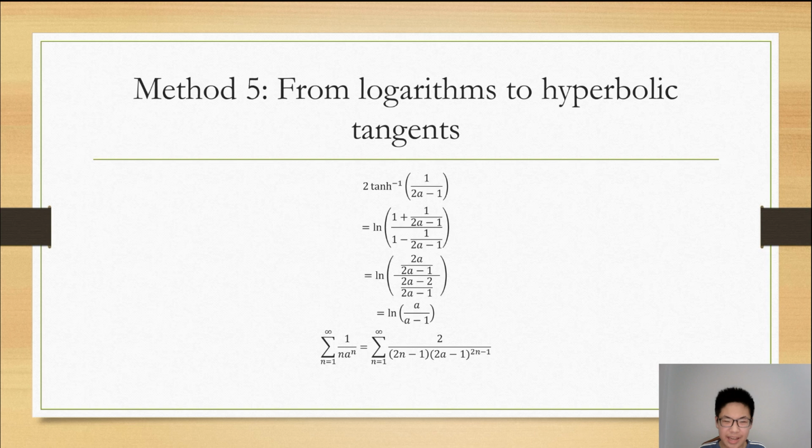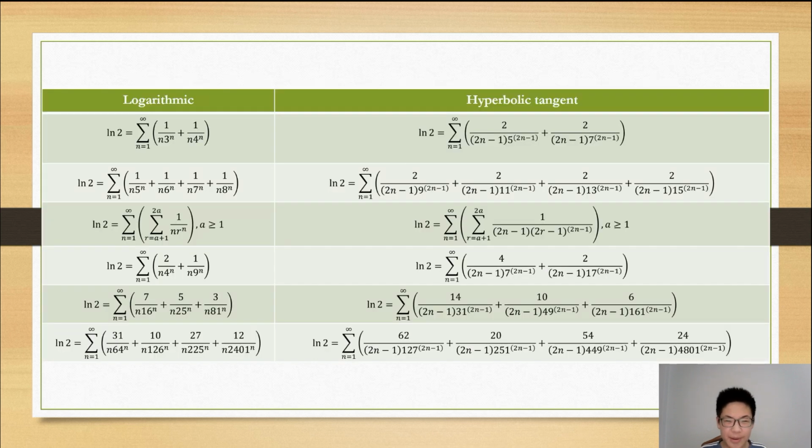So, we realized that for a number a, the logarithm summation formula could be converted into a hyperbolic tangent summation formula, and then it increases the base of the exponential term as well. How cool is that? Now, here are the formulae we encountered earlier, as well as their hyperbolic tangent equivalents.